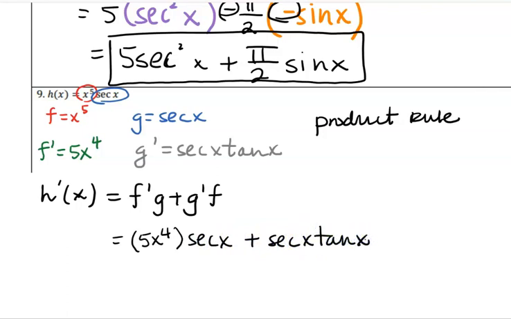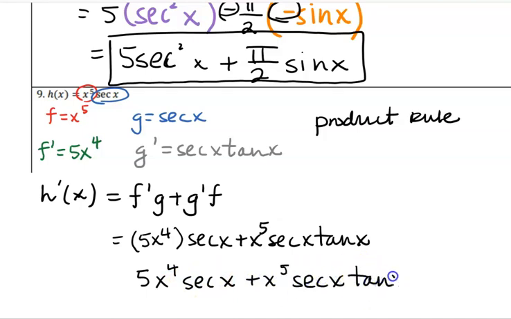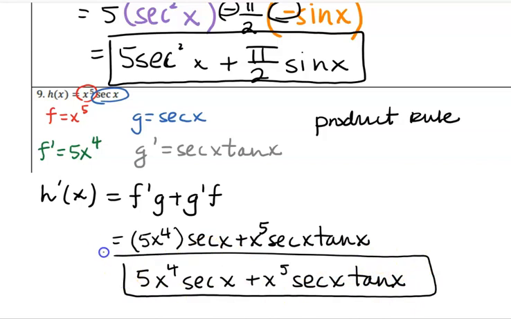And f is x to the fifth. I'm going to write the x to the fifth in the front because I think it looks weird to stick it back there, because then that might look like tangent of x times x to the fifth. And we don't really need that parentheses on the 5x to the fourth. So I'm just going to write it one more time without those parentheses to get our final answer for h prime of x.